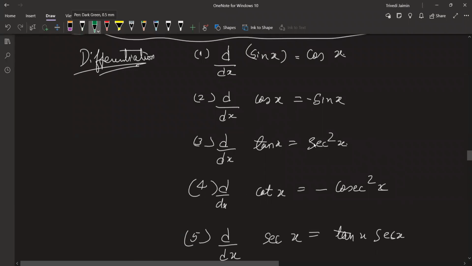So differentiation of sin x is cos x. Differentiation of cos x is minus sin x. Generally, we will use these two only for our physics. So no need to worry, we have so many formulas that you will use in mathematics only.